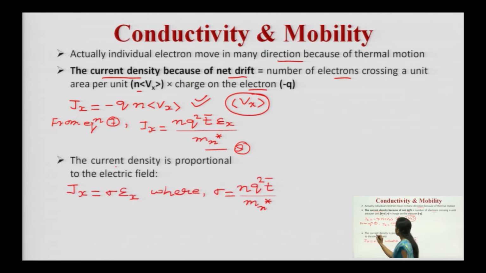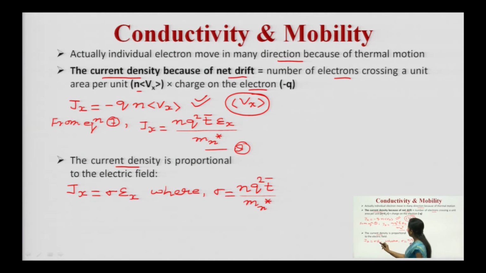Now, current density is proportional to the electric field. Since J is proportional to the electric field E, when you introduce a constant of proportionality, the term conductivity occurs over here. It means Jx is this term for the conductivity into Ex.